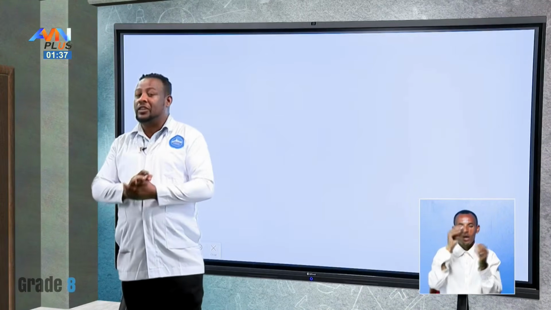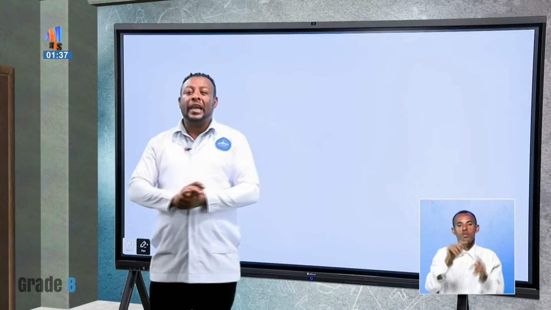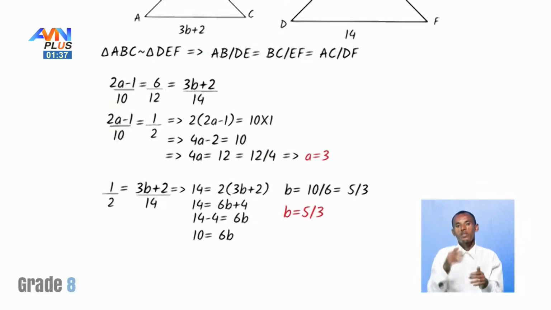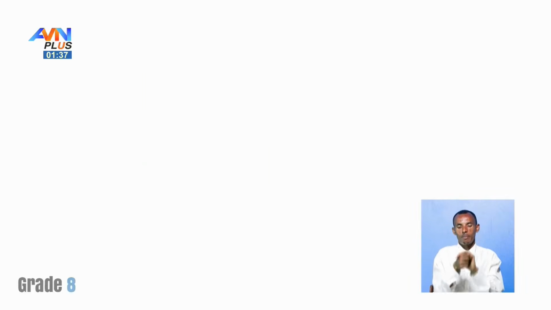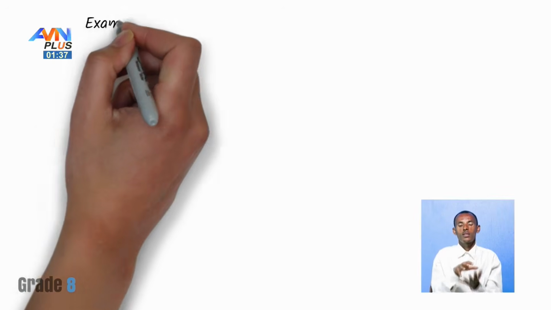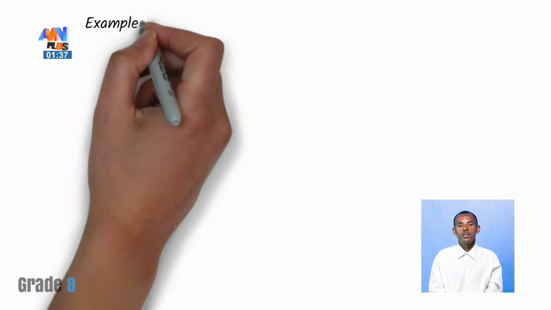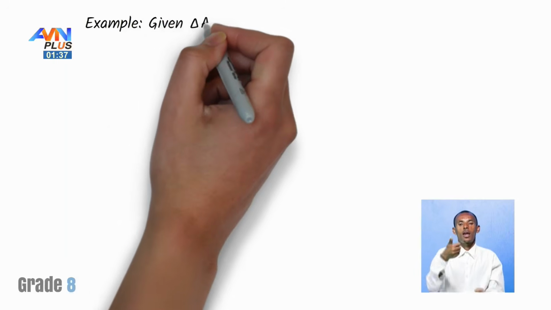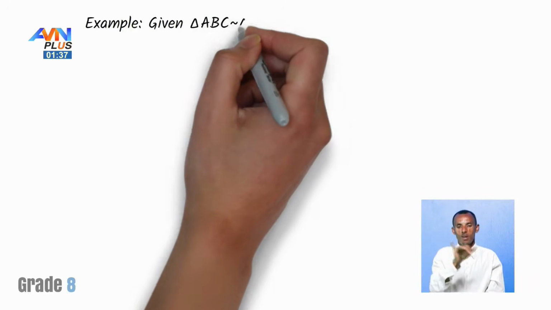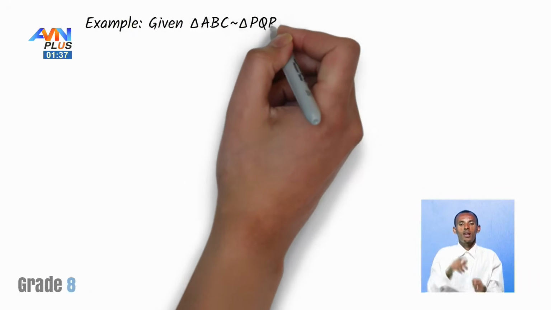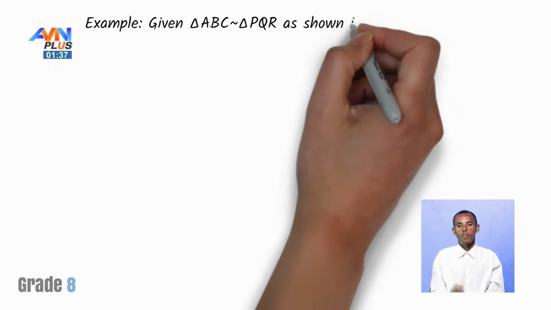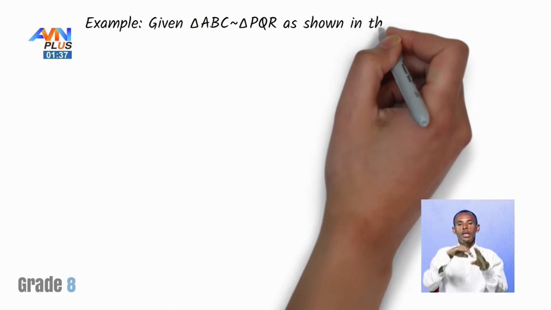So let's see one more example regarding similarity of triangles, and that will be the end of our discussion for today. So this example contains a given triangle ABC. Triangle ABC is similar to triangle PQR as shown in the figure below.